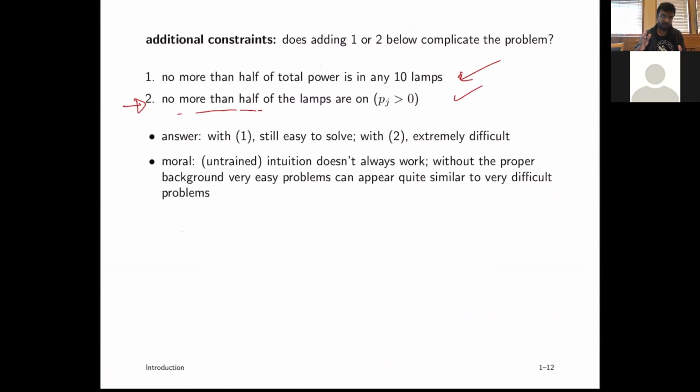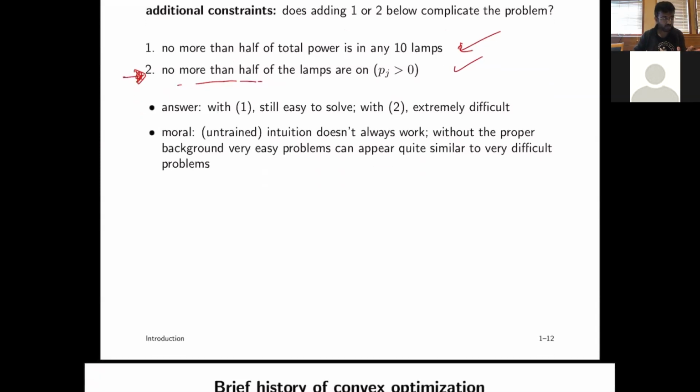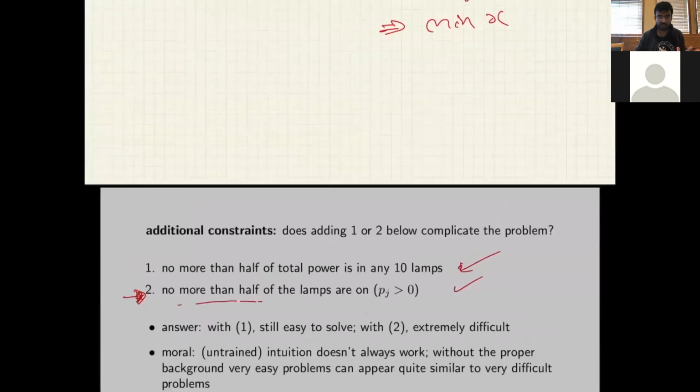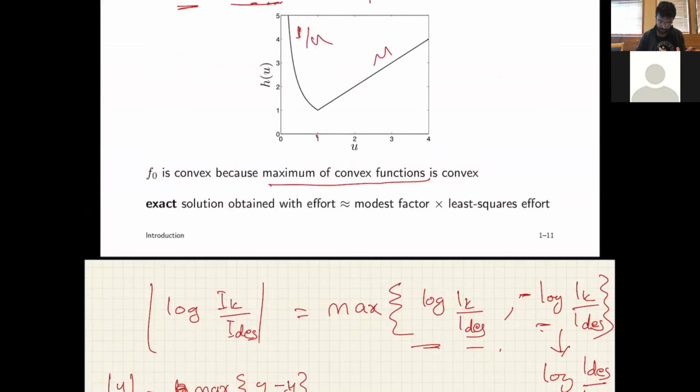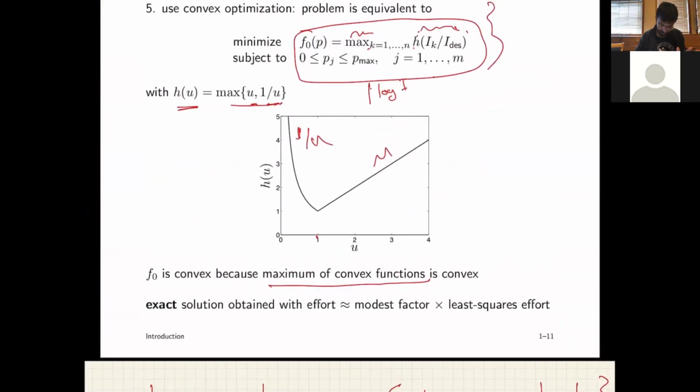But we won't go into detail. This is a cardinality problem, which at this point you don't need to worry about. Okay, so if you go to the previous slide, yes, our main objective is to find the minimum of the objective function h of u, right?